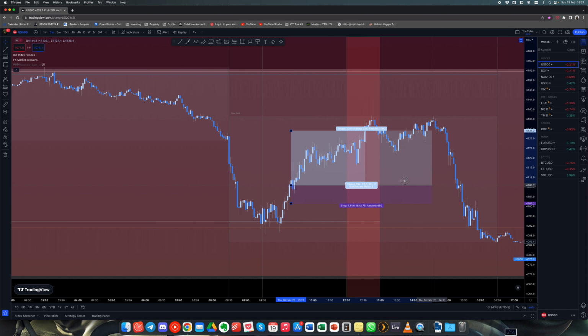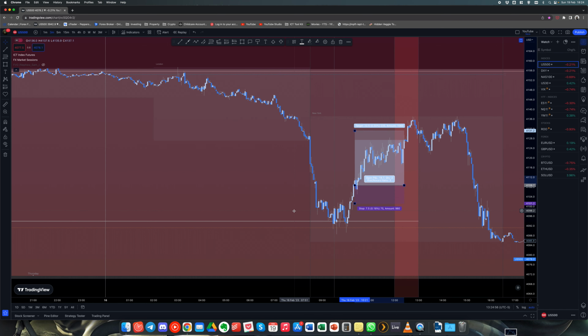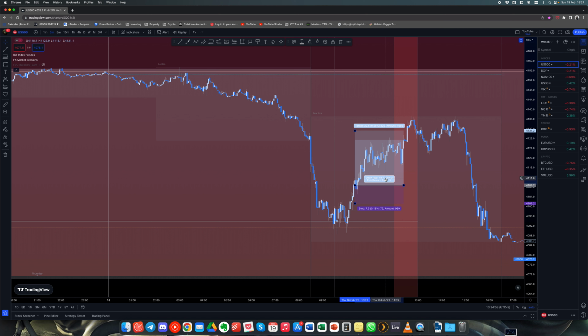I have actually been doing a lot of testing and live trading, taking profits at internal range liquidity. However, what I've found is I'm taking more profit off the table.